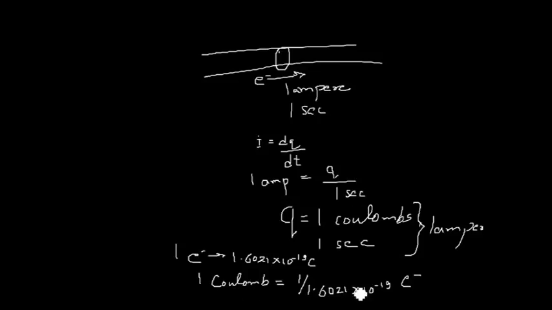This many electrons will come in 1 coulomb of charge, and the value comes out to be 6.24 into 10 to the power 18 electrons.